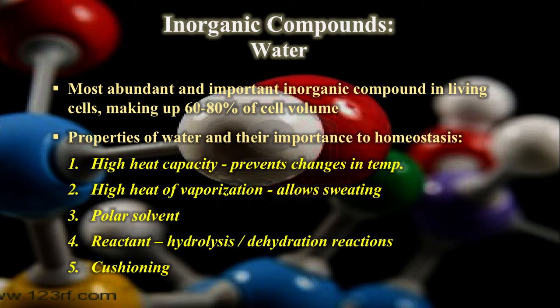So 60 to 80% water in cells, depending on what type of cell you are. But then you are made of cells. Okay? So you're a lot of water. You are a bag of water. Okay, and we talked a lot about the process of homeostasis, keeping things balanced and stable. So I want to show you how these inorganic compounds help us maintain homeostasis.